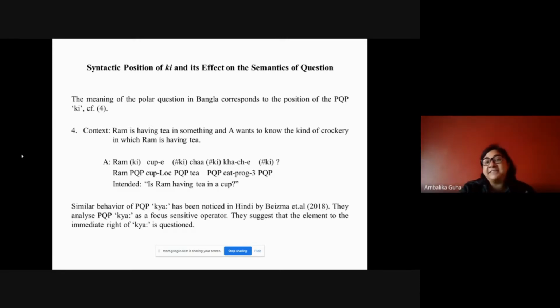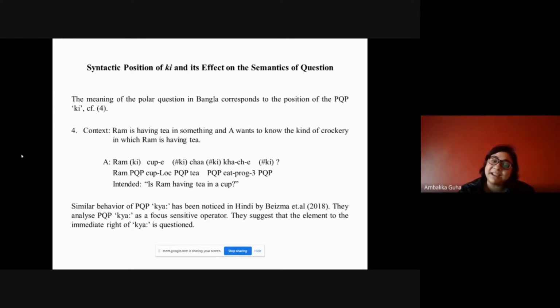In this situation, A would question by placing the polar question particle ki right before the indirect object, like Ram ki kape cha khache, is Ram having tea in a cup, instead of putting ki in other positions where it would be acceptable in some other situation, but definitely not in this one.